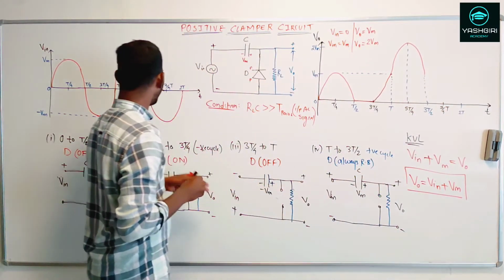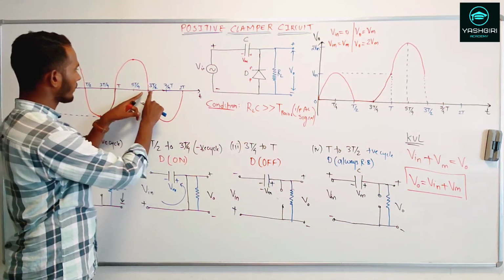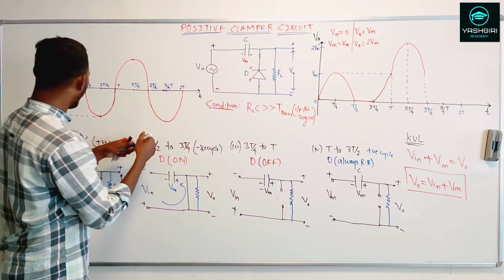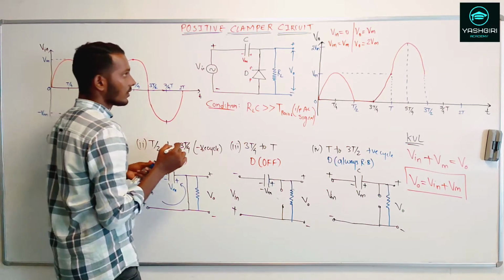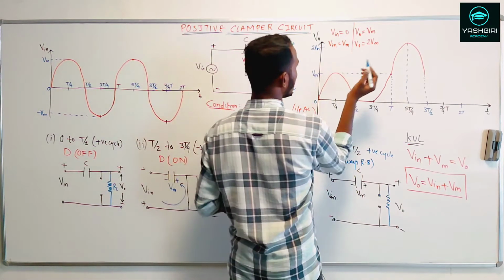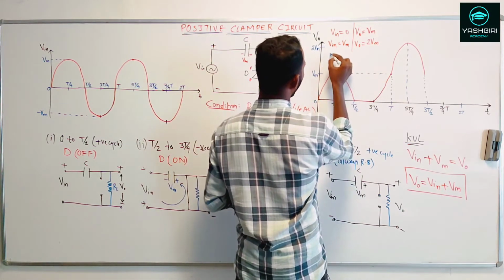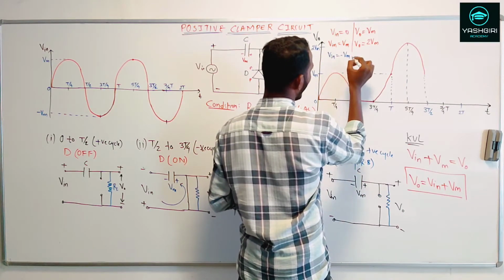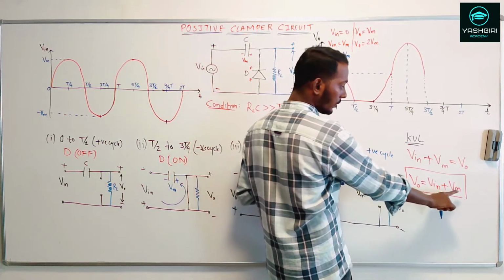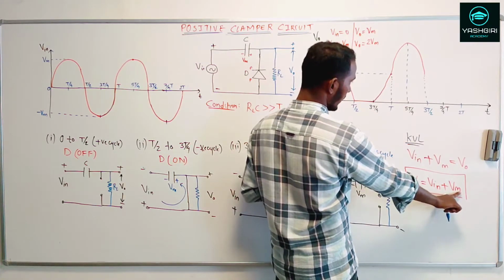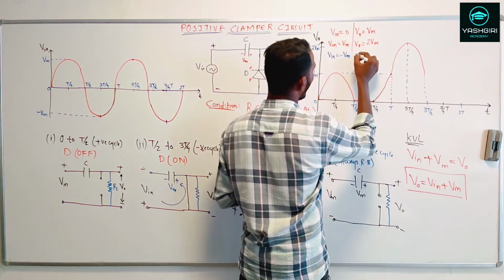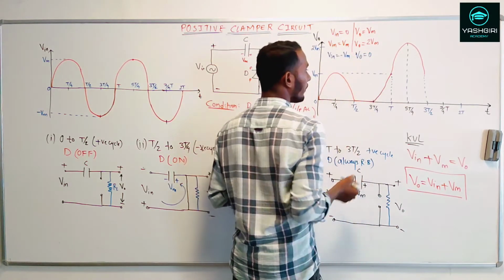Now for the negative half cycle, at 7t by 4, this is exactly at minus Vm. So when V in is equal to minus Vm, V out is V in plus Vm, which is minus Vm plus Vm, so V out will be equal to 0.